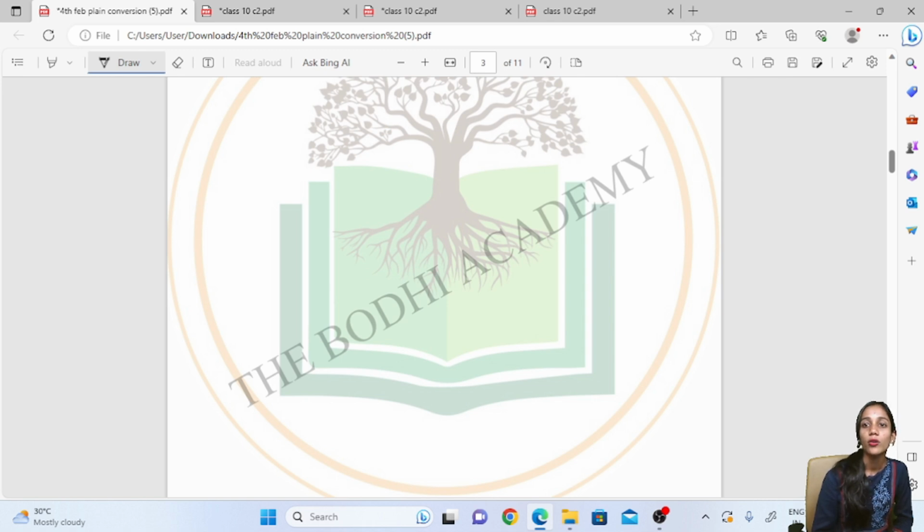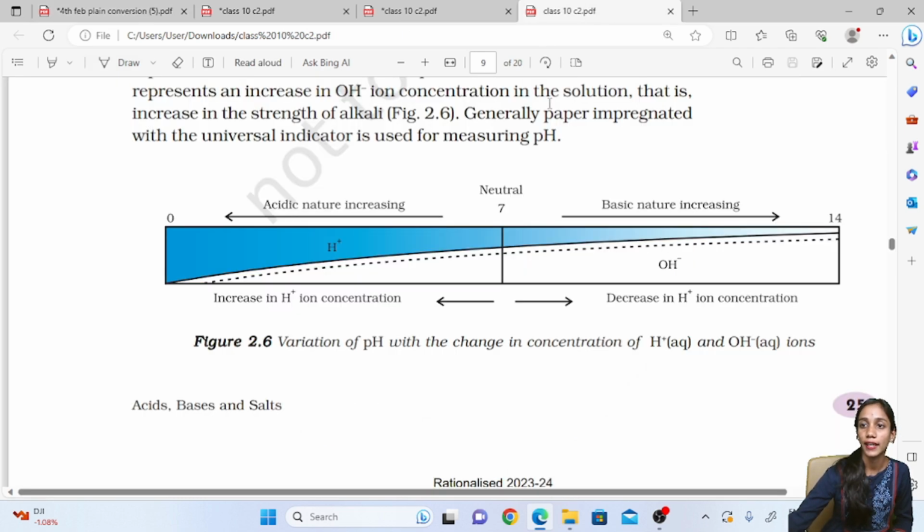Now, to determine the concentration of the acid, or to determine the acidity and basicity of a particular substance, of all the substances, and to determine what the nature of a substance would be and at what concentration, we have something called a universal indicator.